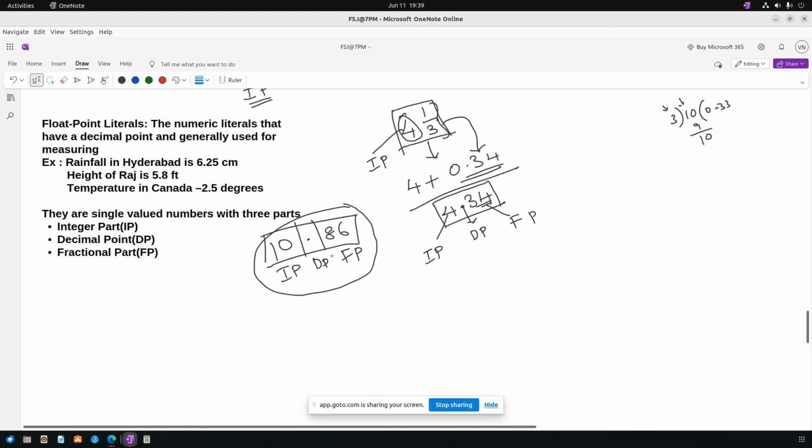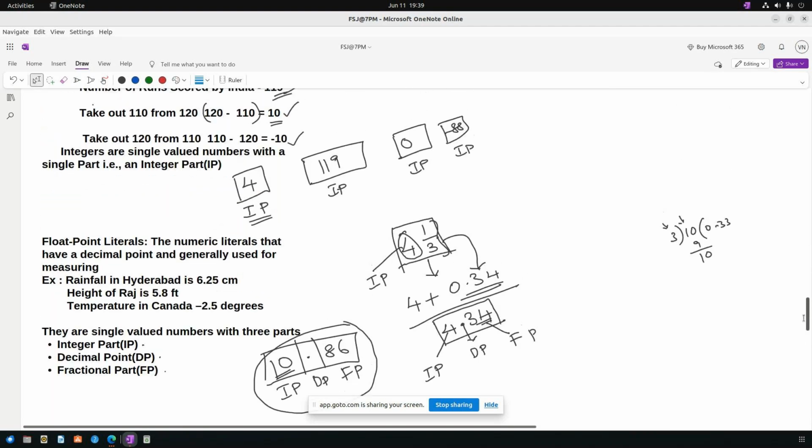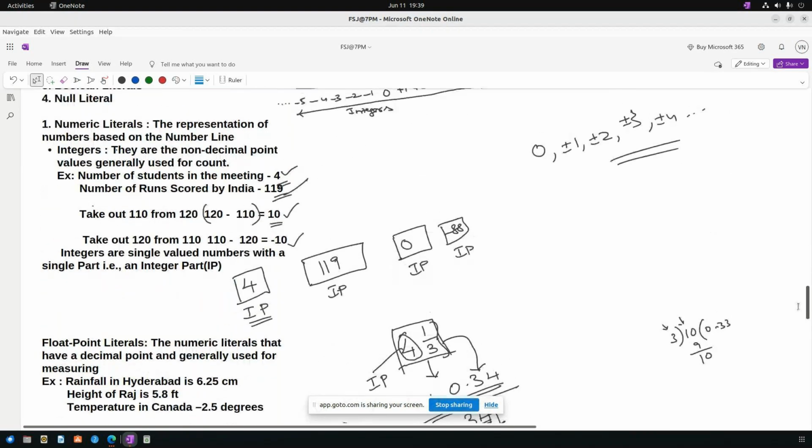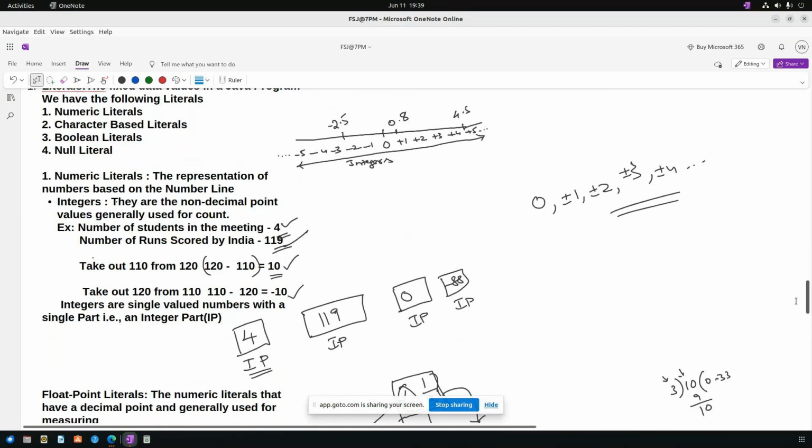So it is a single number, but it is having three parts. What are the three parts? Integer part, decimal point and the fractional part. So they are the float point literals. Whenever I am saying float point literals, always remember that these are decimal point values.